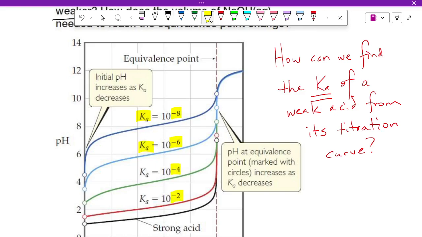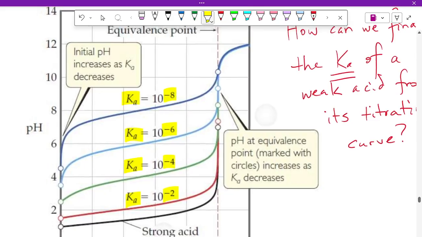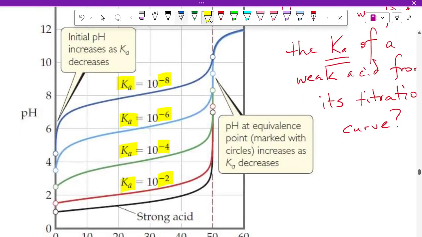Which of those is the weakest of those weak acids? What color line gives us the weakest? The dark blue line. This is our weakest. And what can we say about its pH at the equivalence point? The pH at the equivalence point is highest.